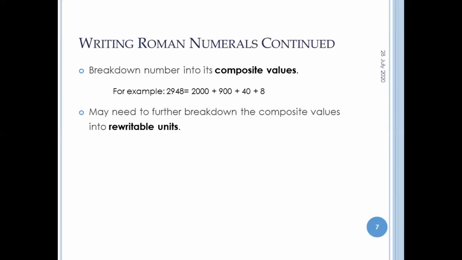We therefore need to break down the composite values further using rewritable units. And that implies that 2000 will be written as 1000 plus 1000, 900 will be written as 1000 minus 100, 40 will be written as 50 minus 10, and 8 will be written as 5 plus 3.